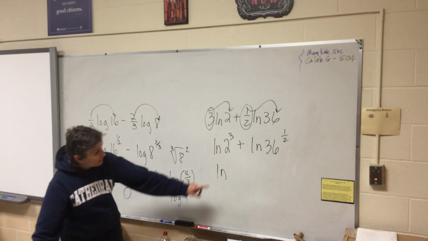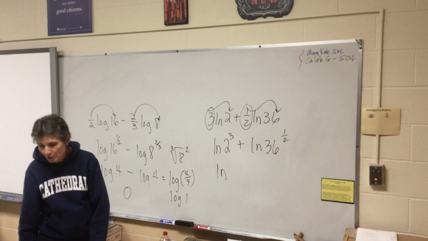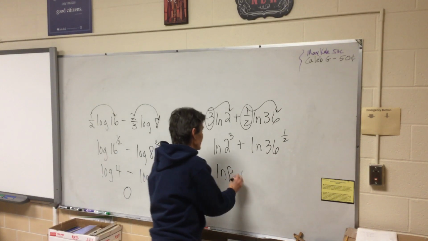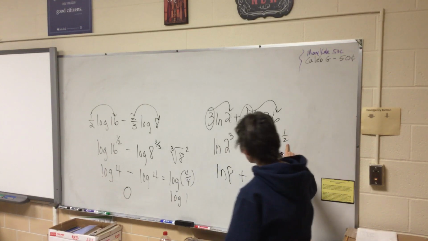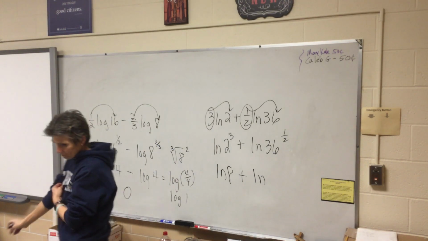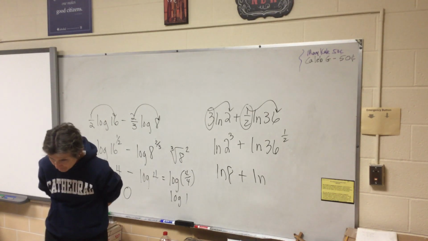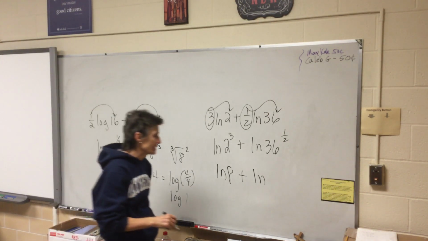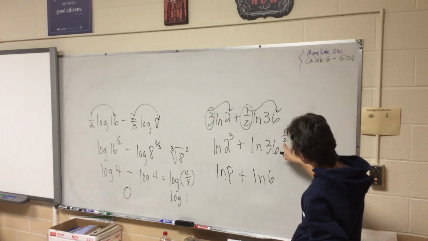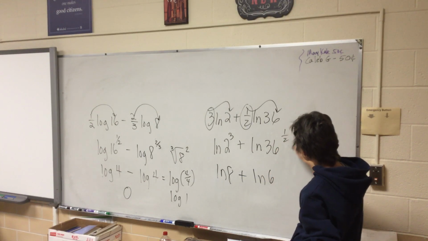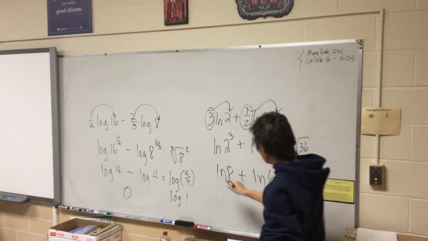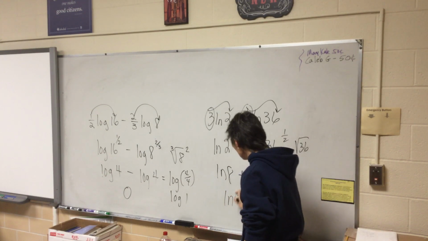Yeah, sorry. Okay. What's 2 cubed? 8. Yeah. And what is 36 to the 1/2? Tyler? 6. Somebody else said it's 6. And it's 6 because a fractional exponent means a radical, so this is the square root of 36, which is 6.